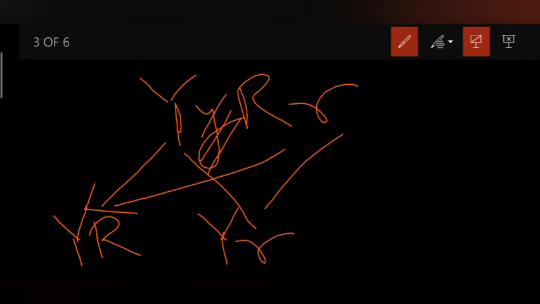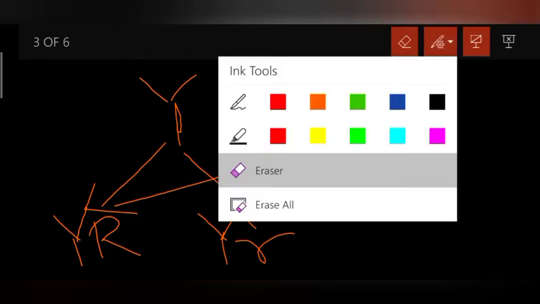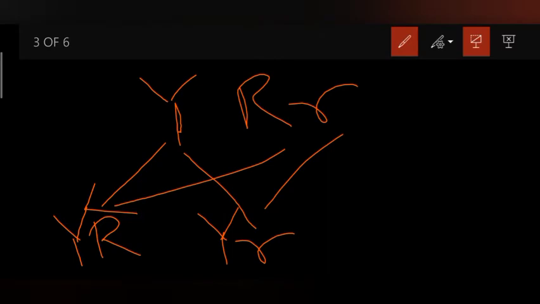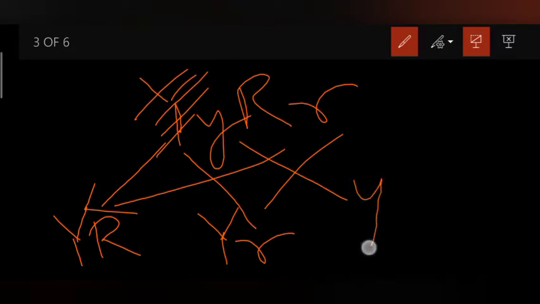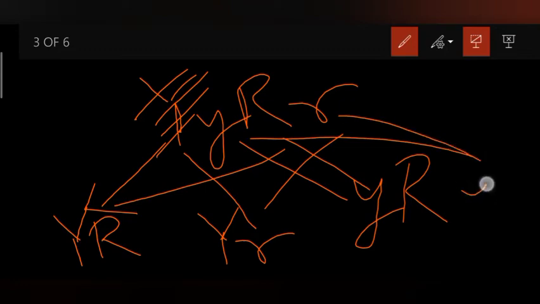Now similarly, we ignore this one and it gives small y capital R and small y small r. Clear?